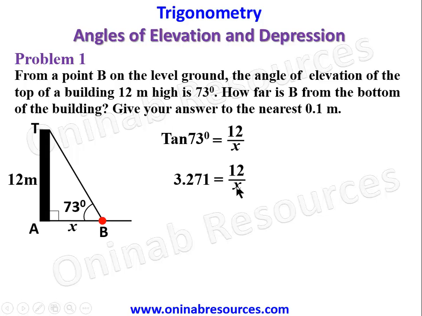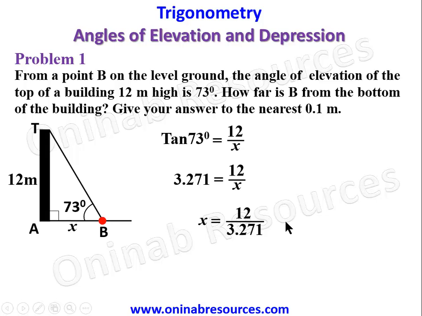Now we make x the subject of the formula. If we cross multiply, we have 3.271x equal to 12. Then we divide both sides by 3.271 so that x becomes 12 over 3.271.